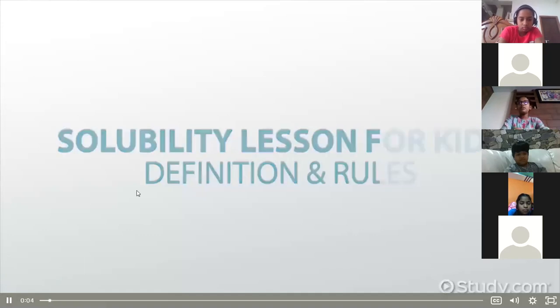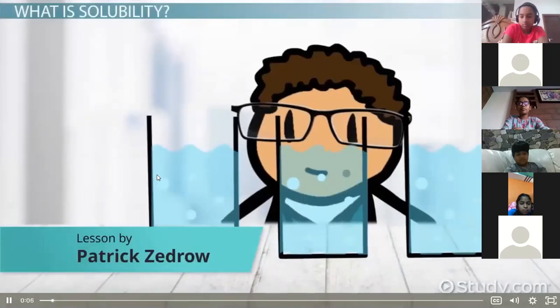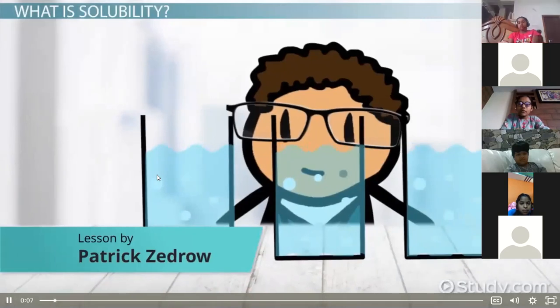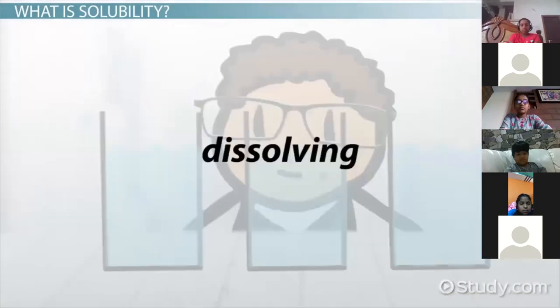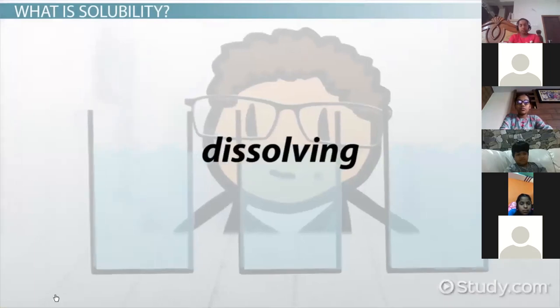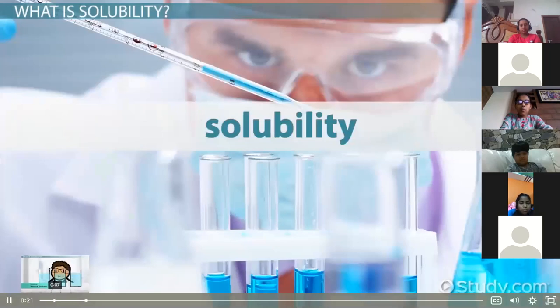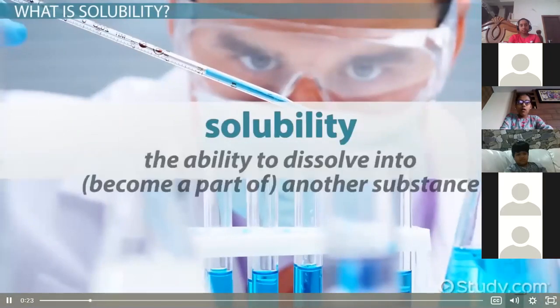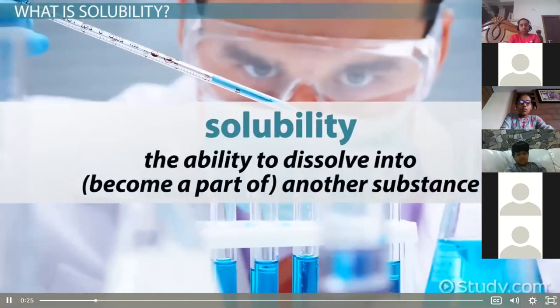Have you ever poured sugar into your tea and stirred it up? Why does the sugar seem to disappear? Well, it's actually dissolving, which means it breaks down and becomes absorbed into the tea. And it does so because it has a chemical property called solubility. Solubility is the ability to dissolve into, or become a part of, another substance.